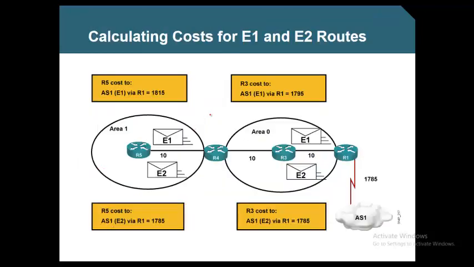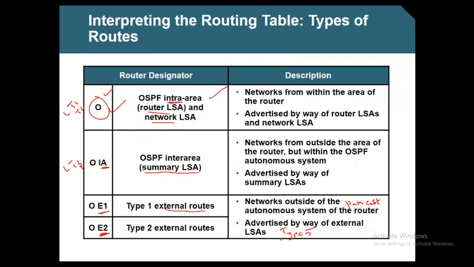This explains what is E1 and what is E2. The default is E2. And the default will not add the path cost.